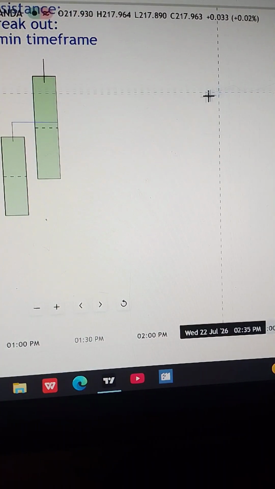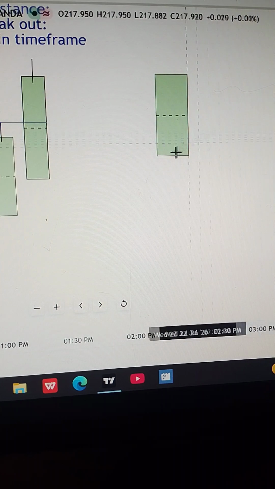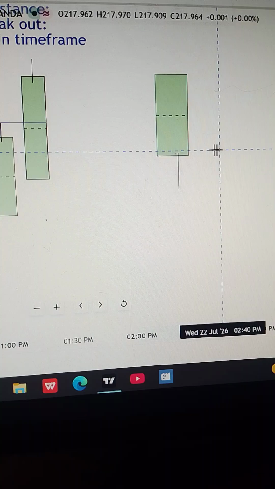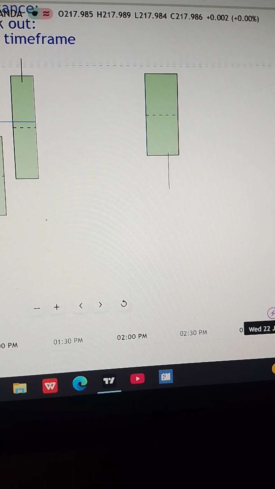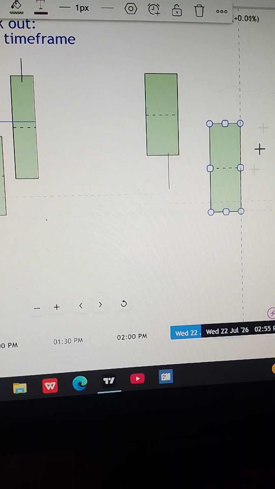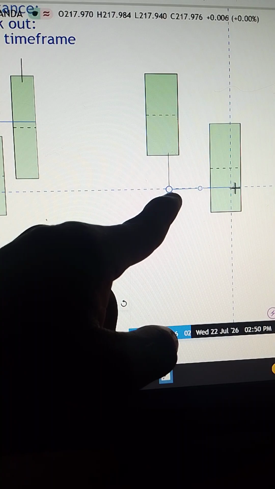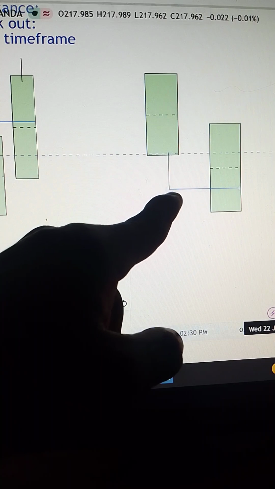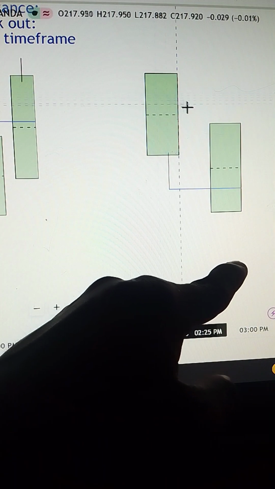On the bearish direction, we have this candlestick, we have its wick. You can see the next candlestick closed below it. So now this is on a downtrend.